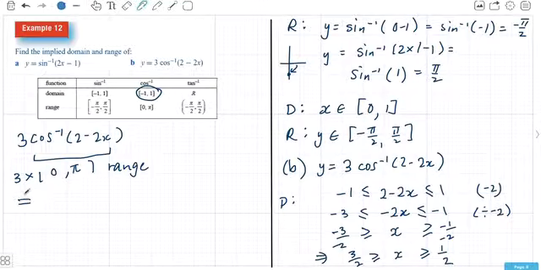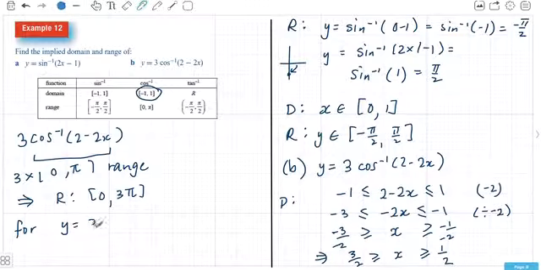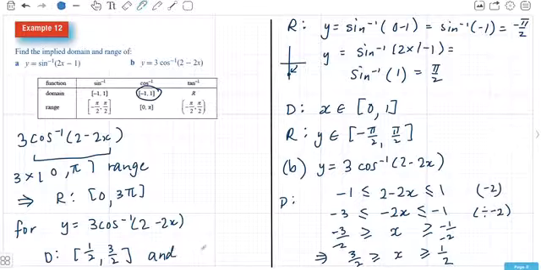Okay, so what that means for our range now is our range is going to be between 0 and 3 pi. So to finish, for our part B, for y equals 3 inverse cosine 2 minus 2x, we have a domain which is between a half and 3 over 2, and a range which is between 0 and 3 pi.